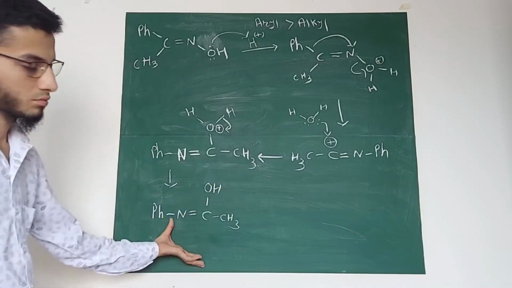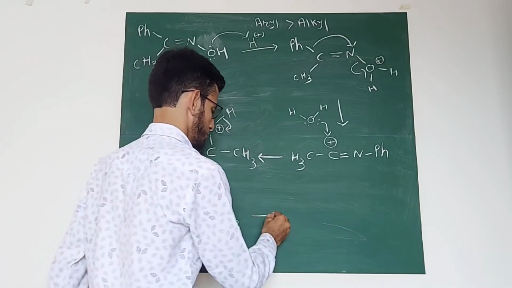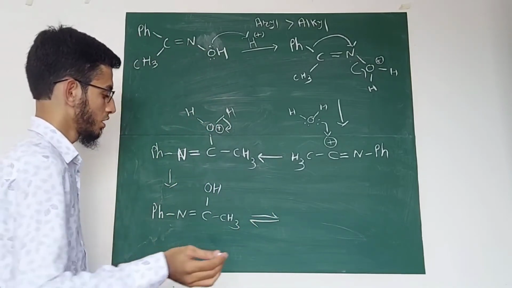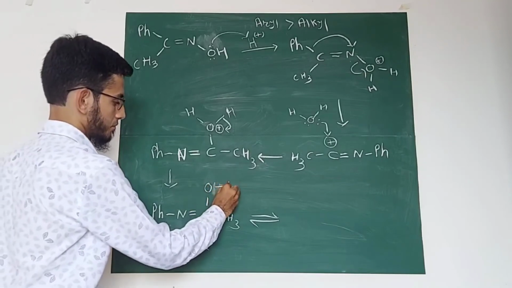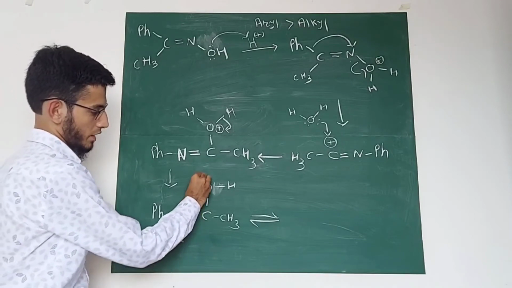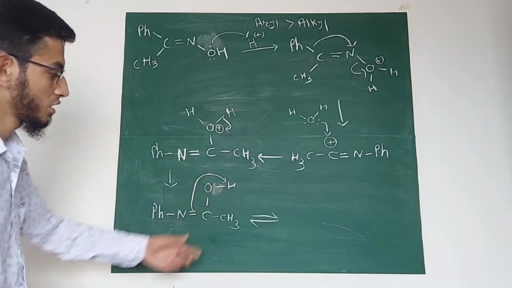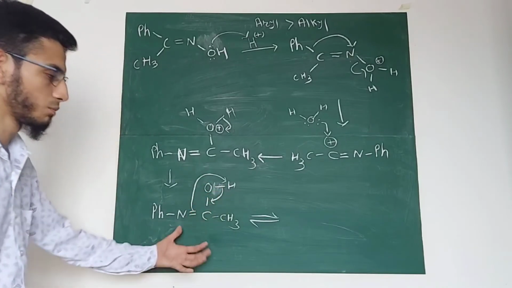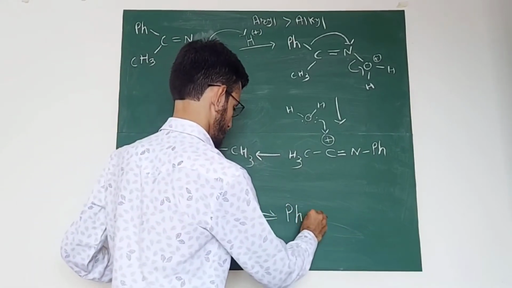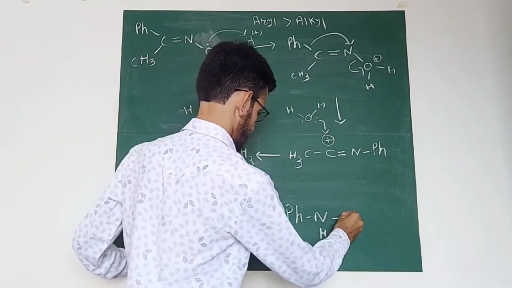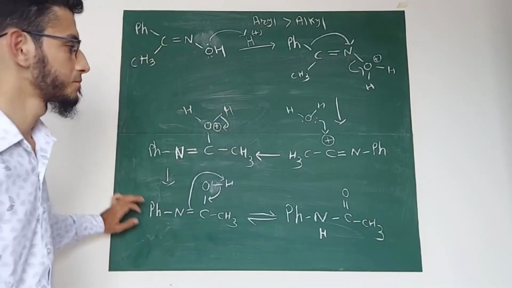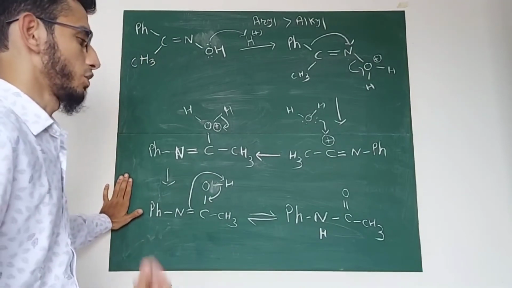Here is the enol form, so it tautomerizes to the keto form. I have given you this mechanism in cyclic ketones. The double bond migrates toward the hydrogen, and this bond comes here, making C double bond O. So we get the substituted amide. This is the product.